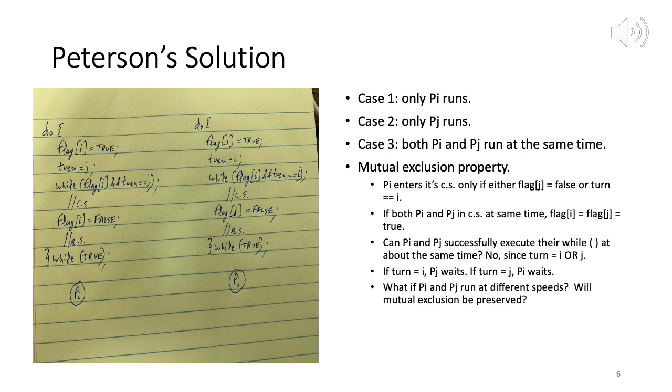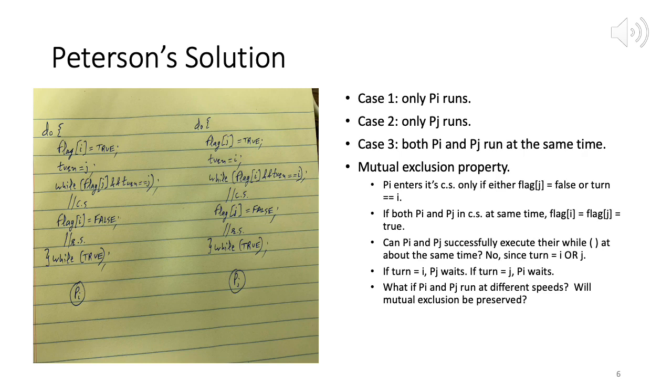So the operation is fine. Pi sets flag I to true, sets turn as j, evaluates the while, flag j is false, gets into the critical section, sets its own flag as false, gets into the remainder section, end of execution. So no problem. If only Pi runs, no problem.